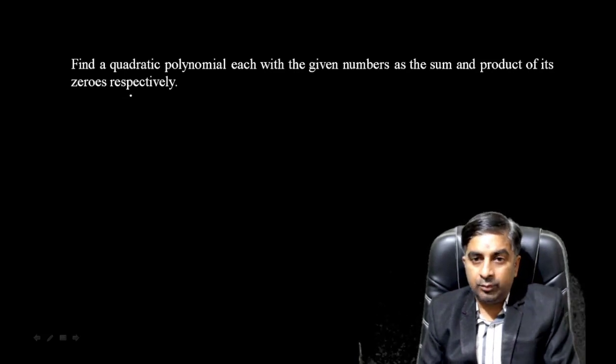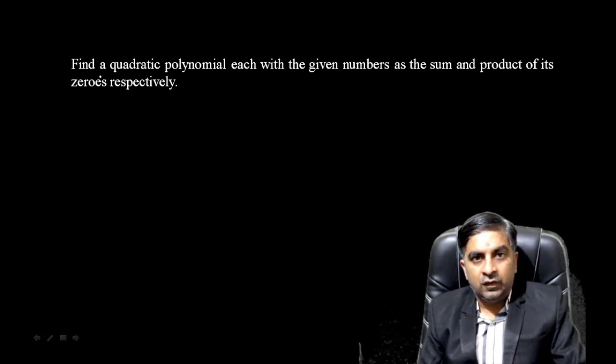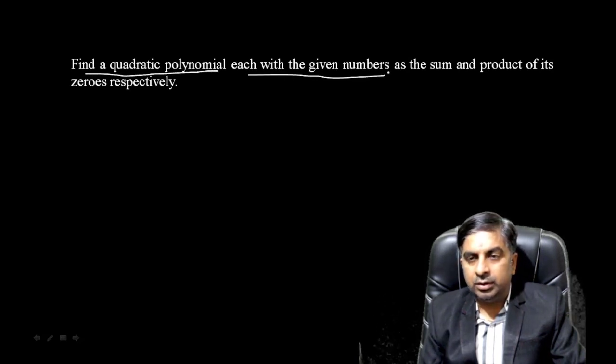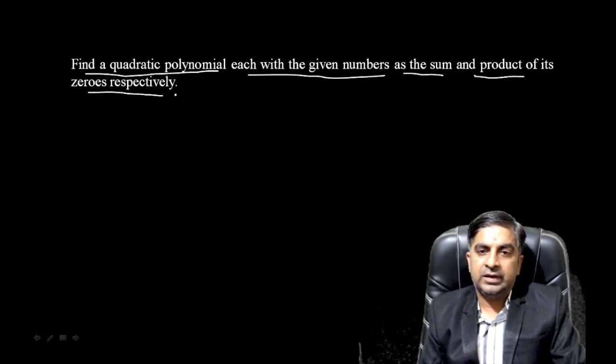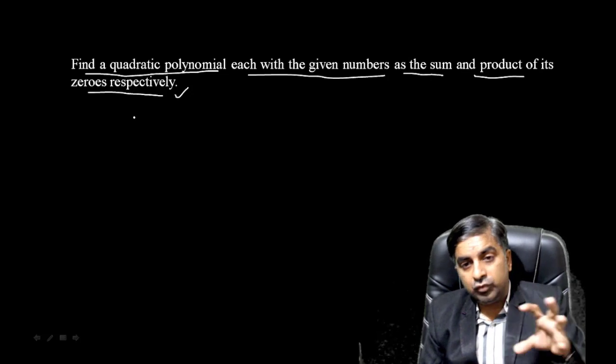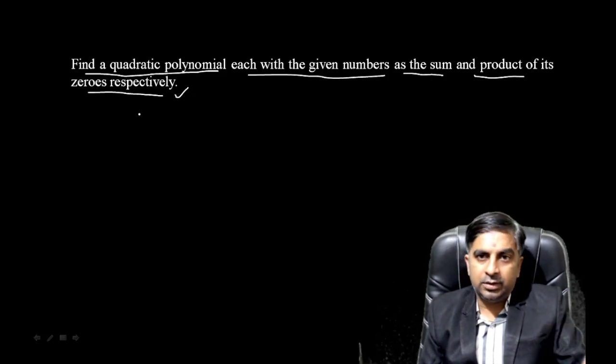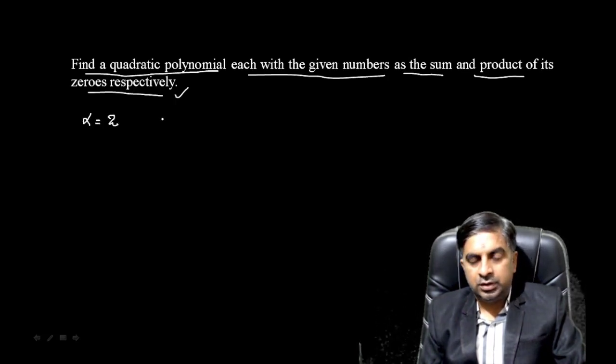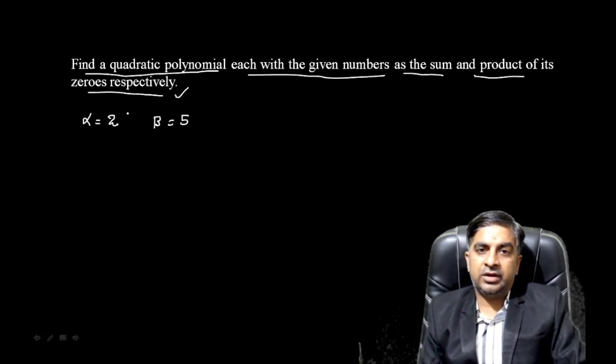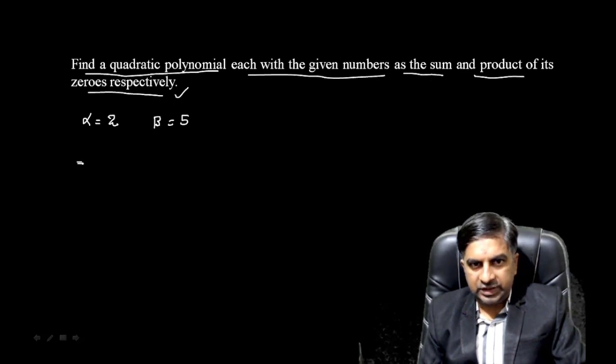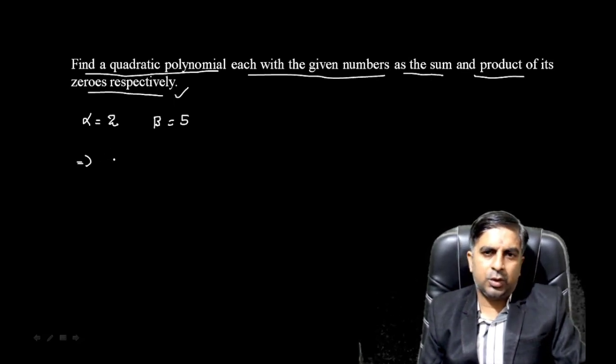Now the most important thing, guys: find a quadratic polynomial with the given numbers as the sum and product of its zeros respectively. Now you need to form a quadratic polynomial from zeros. Suppose I say alpha is 2 and beta is 5. Now you need to form a quadratic polynomial out of this. For that, one formula is there.